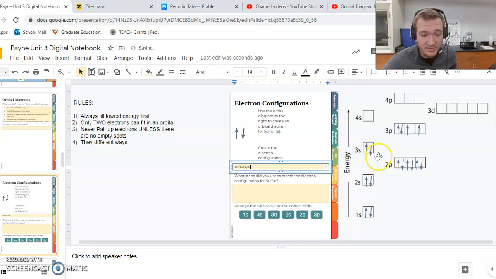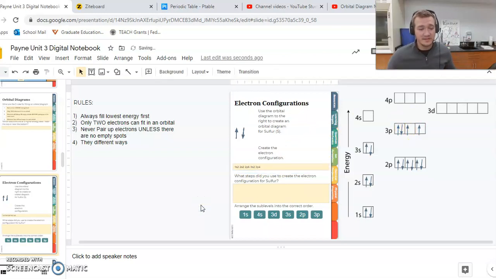And then how many campers or electrons do I have on the third orbital, S subshell? That would be 3s2. And then finally, how many do we have in this 3p subshell? It's going to be 3p, 1, 2, 3, 4. 3p4. Just like that. That's the electron configuration for sulfur.